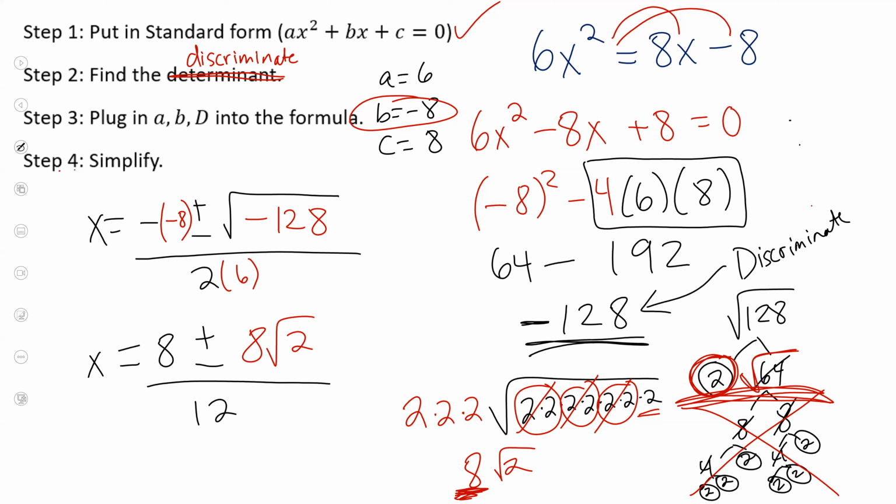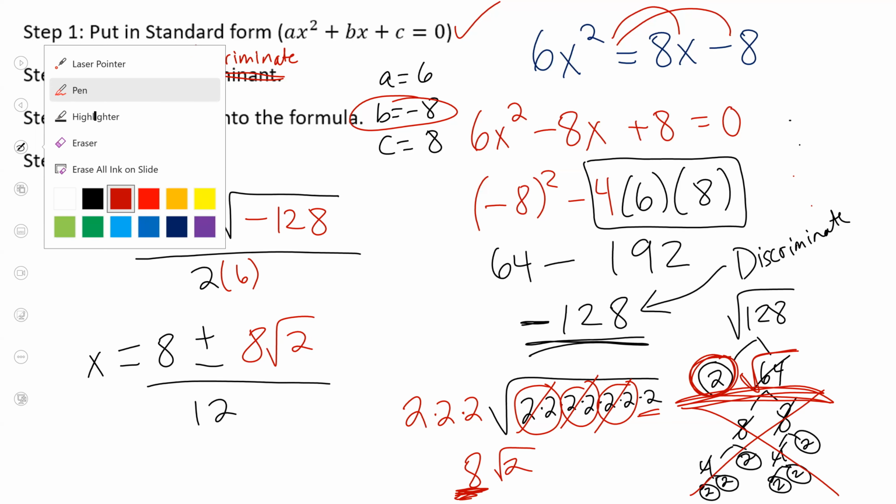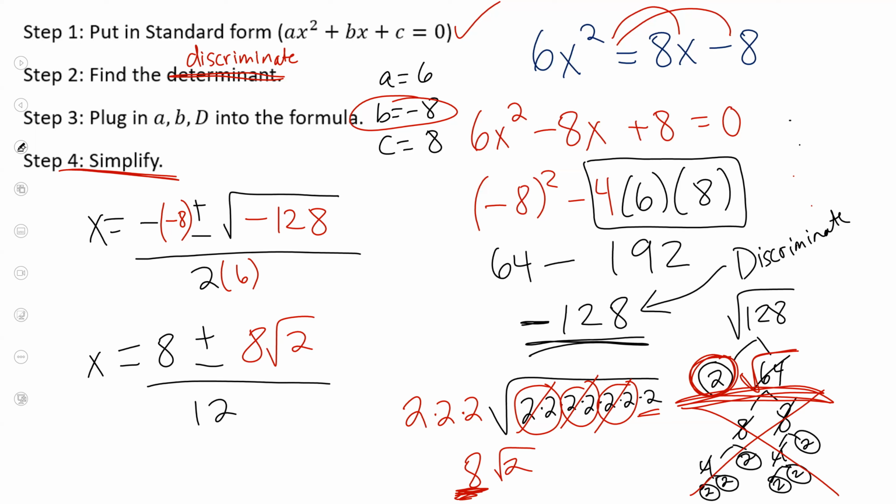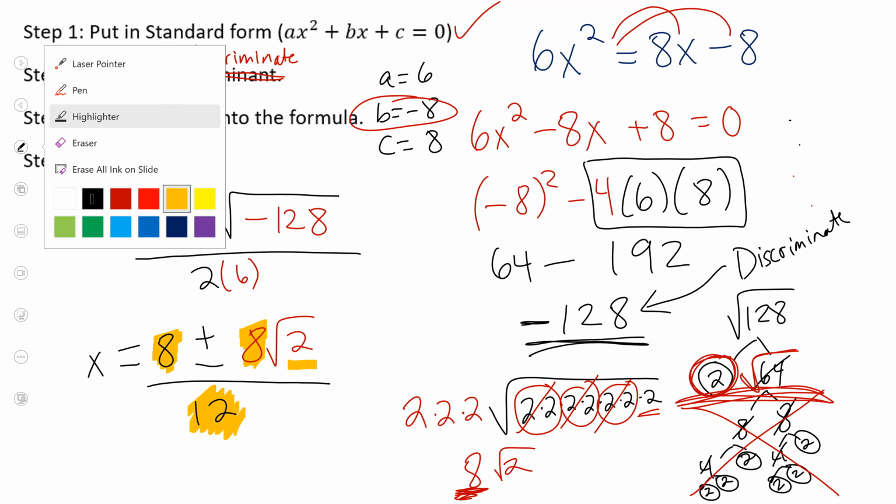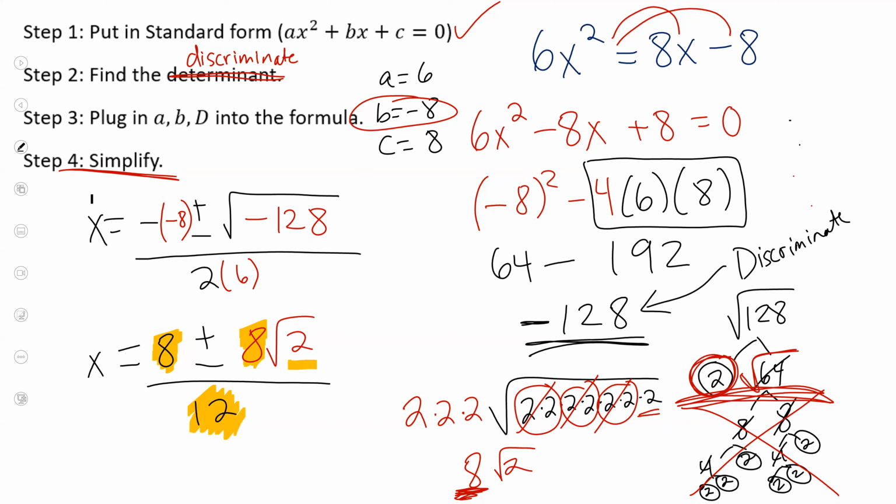Now let's just simplify further. I want you guys to look at the outside numbers only. Do not touch inside of the square root symbol. This 2 will stay the same. I want you to look at the 8, the number on the outside, and the number in the denominator. What can all 3 of these numbers be divided by? 4. You want to pick the biggest number.